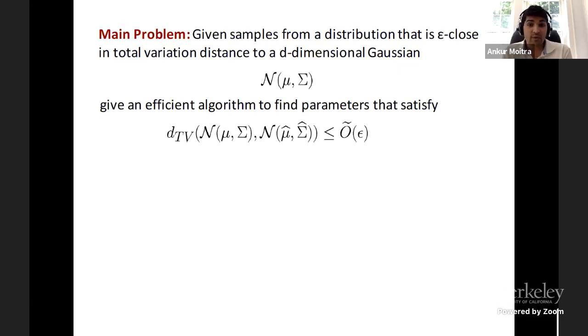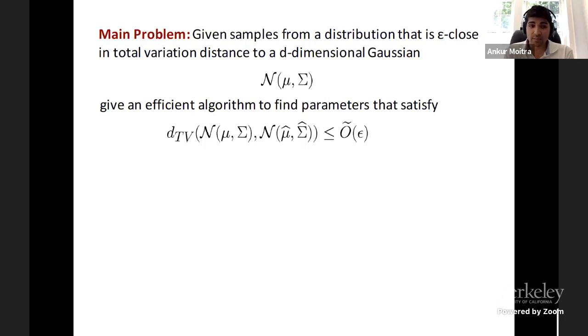So imagine we have the same exact problem, except we have a d-dimensional Gaussian. So we're given samples from a distribution that's not exactly a Gaussian, but it's promised to be epsilon close in TV to a d-dimensional Gaussian. Now, the difference is that here, the unknown mean mu is a d-dimensional vector, and the unknown covariance sigma is a d by d PSD matrix, right?